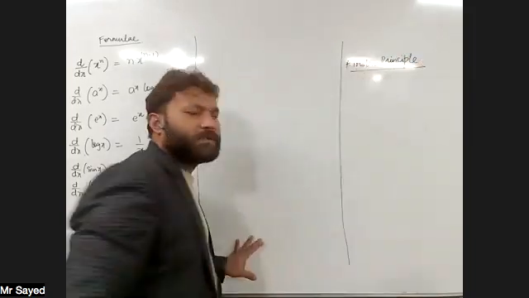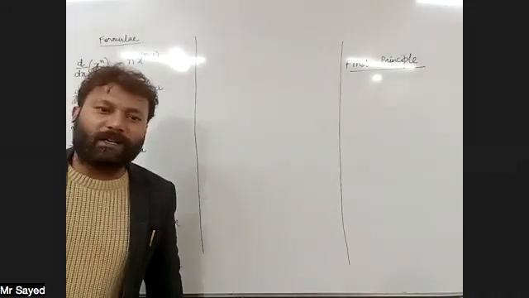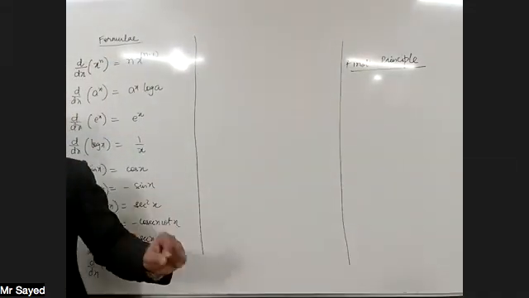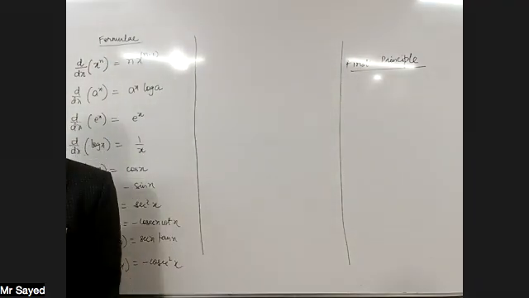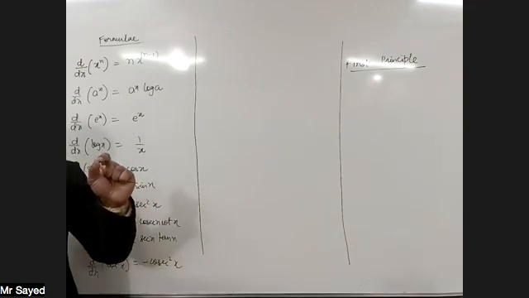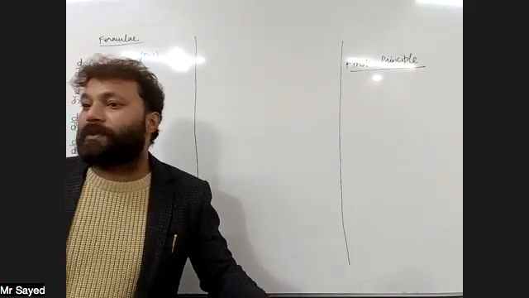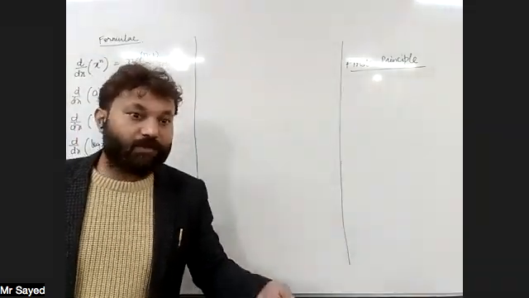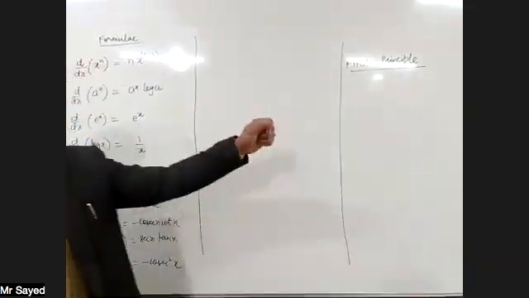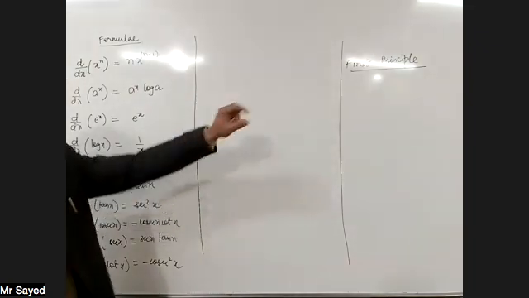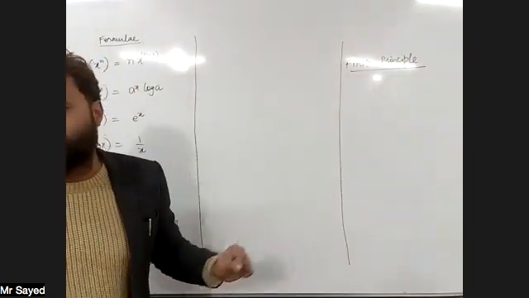In fact, this is such a strong method that you can practically differentiate any differentiable function with the help of this method. I repeat, you can differentiate any differentiable function. That is, it must be possible, the derivative of that function should exist. So we can differentiate any differentiable function by using the method of first principle.